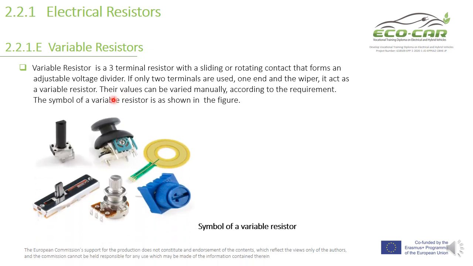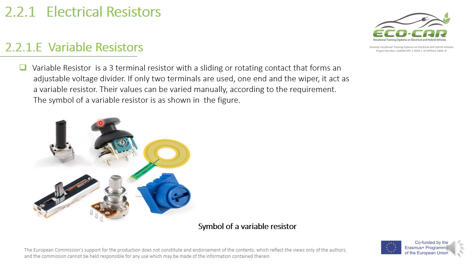As we see in this kind of variable resistor, you have three terminals like this also. This is sliding, an arm to make variation in the value of the resistor here, and this is another kind, rotating.